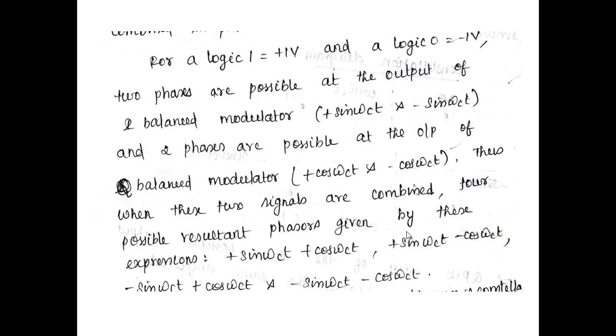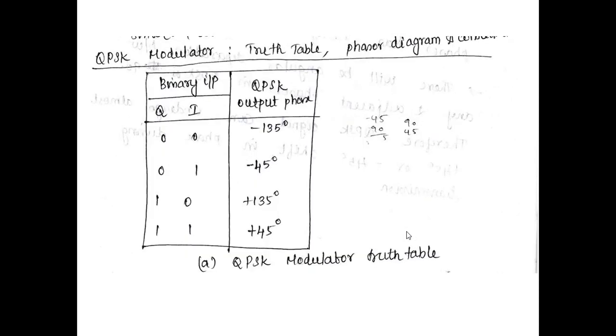Thus when these two signals are combined, four possible resultant phasors are given in the expression: plus sin ωct plus cos ωct, plus sin ωct minus cos ωct, minus sin ωct plus cos ωct, and minus sin ωct minus cos ωct. So these are the four resultant phasors.